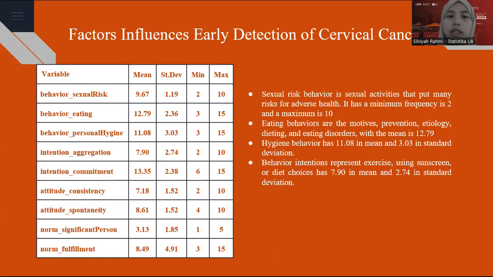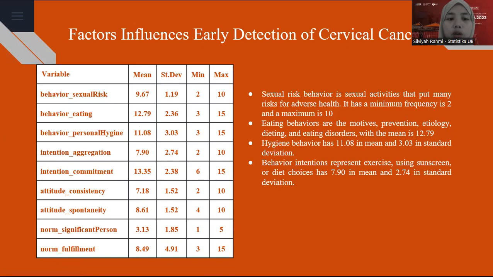This is our result and discussion. First, we would like to know some descriptive statistics of factors influencing early detection of cervical cancer. From the mean, we know that the highest impact is coming from intention commitment, and then the second one is eating behavior, and the third one is personal hygiene. Those are the three factors that impact whether someone has cervical cancer or not.